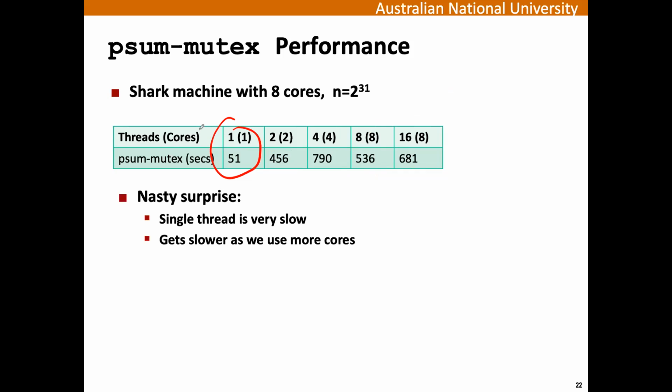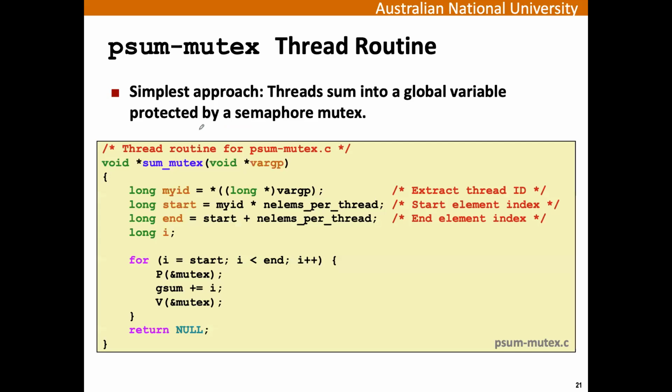First of all, the cost of P and V operations is very high. What we are doing here is we have one global variable. If you recall that picture of a multi-core processor with caches, I told you that there is an interconnect and there are mechanisms so that each core gets a consistent view of a shared variable.